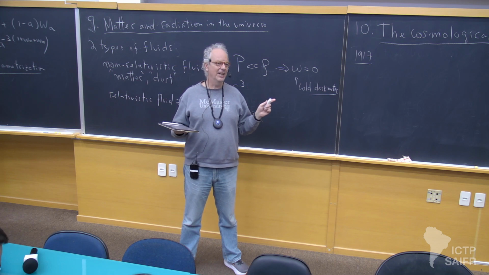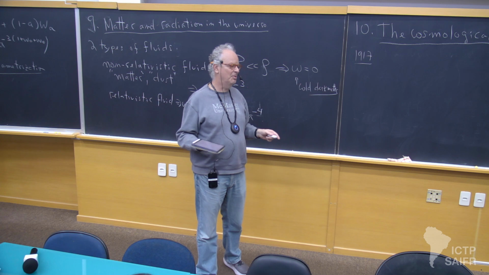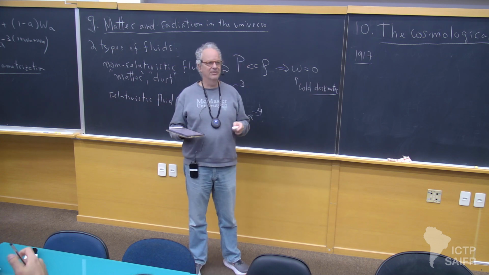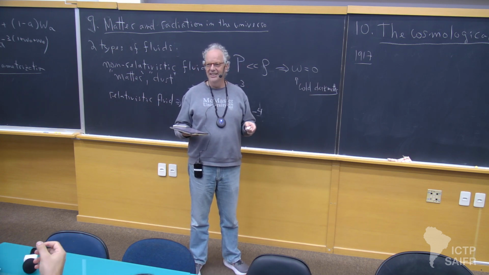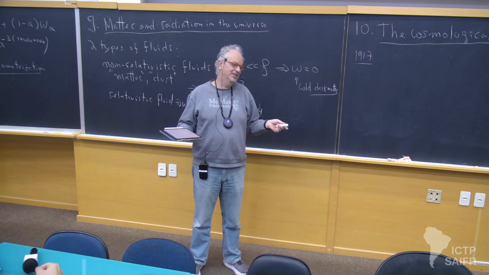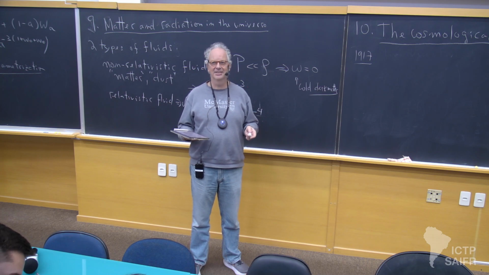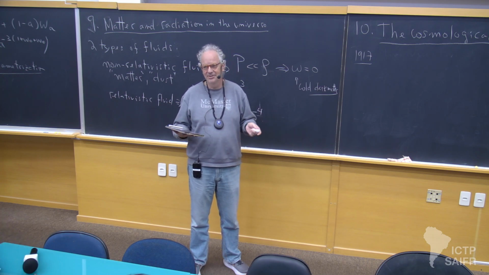And then he tried to apply them to the universe. His conviction, based on experimental data at that time, was that the universe was static. He applied his equations to the universe, and guess what? He found out the universe cannot be static. Why not? Because gravity is an attractive force.